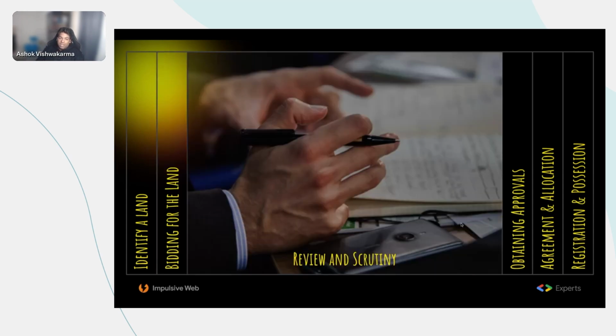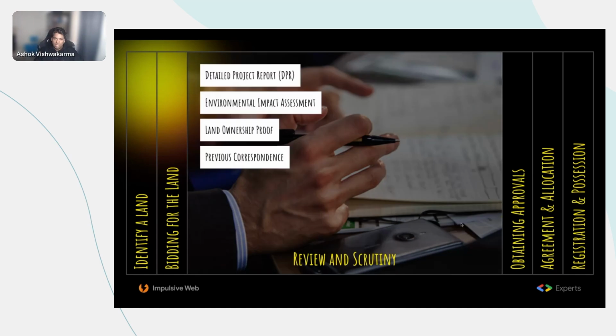After that, a review and scrutiny process happens. In this step, the authority and builder talk to each other at various stages. They ask for multiple documents to be submitted, and these are the core documents they submit: a detailed project report covering what the builder is planning to build, and the environmental aspects of that particular construction project.